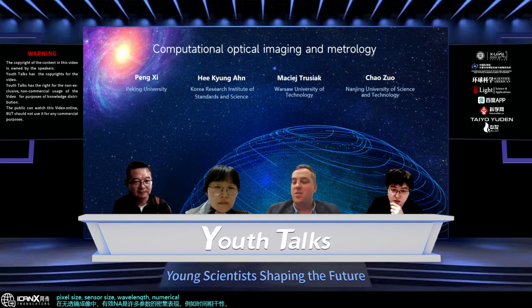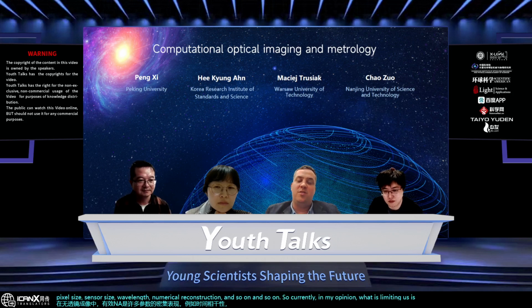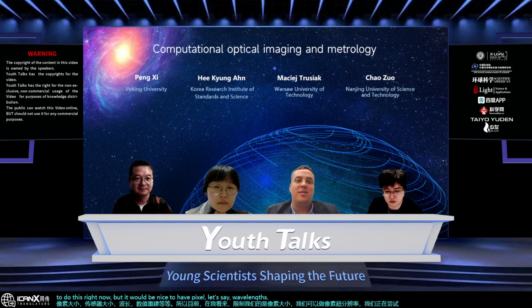Currently, in my opinion, what is limiting us is the pixel size. We can do pixel super resolution, and we are trying to do this right now, but it would be nice to have a wavelength-scale pixel. That would help a lot.